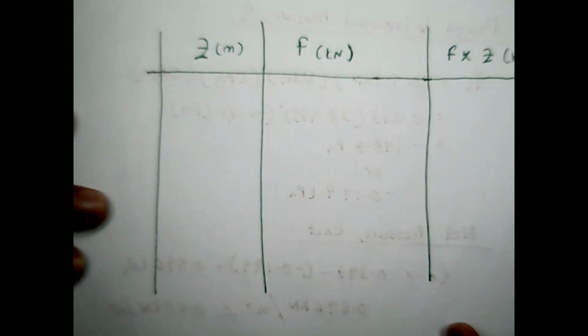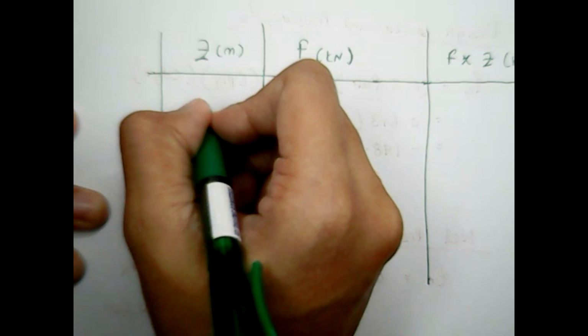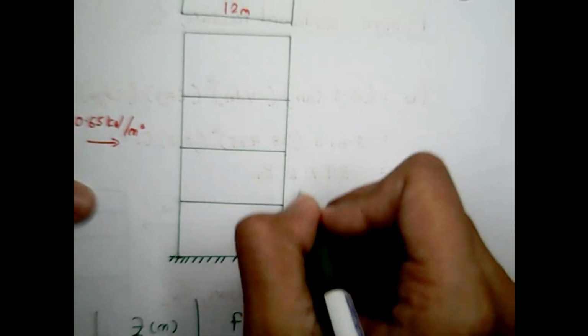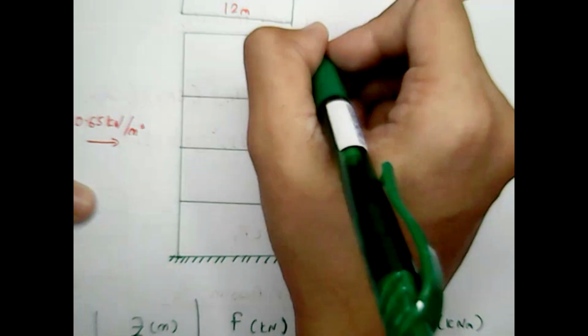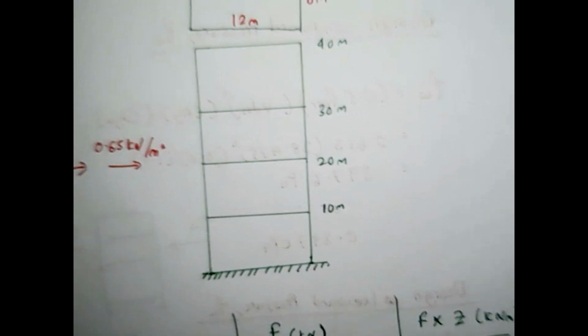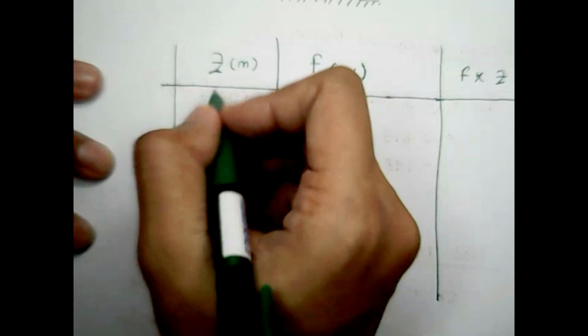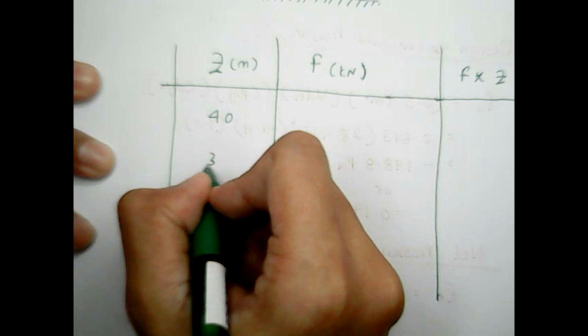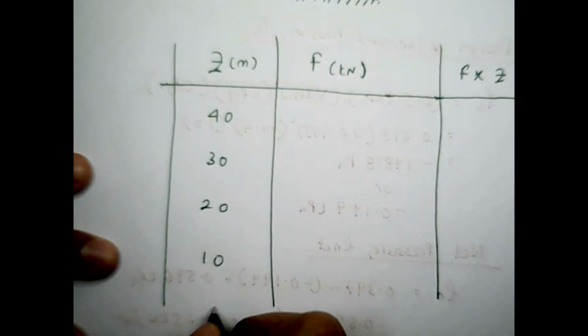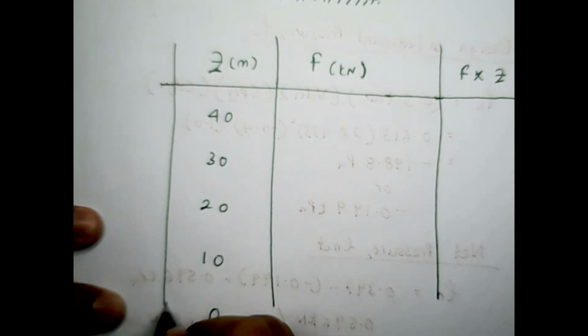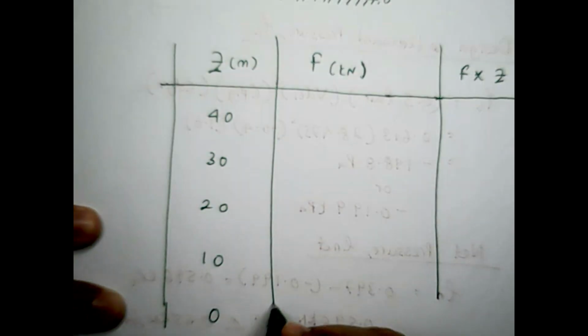Our building has Z of 10 meter, 20 meter, 30 meter and 40 meter. Then you put your results here: 40, 30, 20, 10 and 0, because this is 0. Here you can find what is your force.